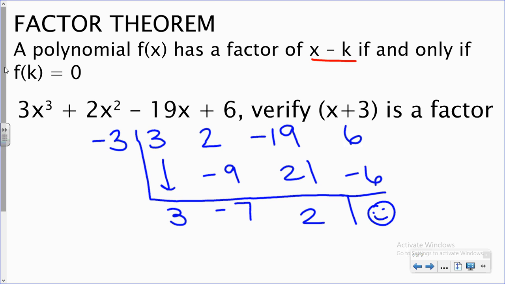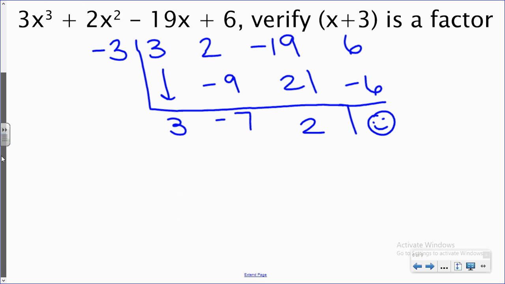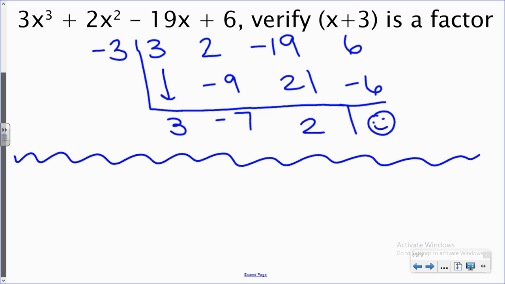Let's talk about finding the rest of the factors, okay? So, under this squiggle, I want to talk about going further with this. Our function, I'm going to label this f of x.